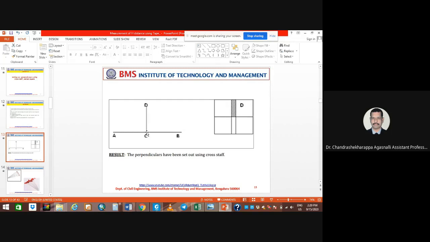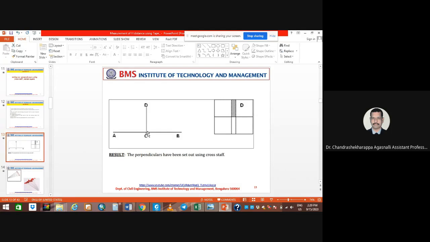So when you are going to establish the perpendiculars using the ranging rods, that's a very simple one. You need to check the alignment first, or you can do it another way. Instead of the cross tab, you can use the compass, but it's very difficult to hold the compass for a long time for alignment.